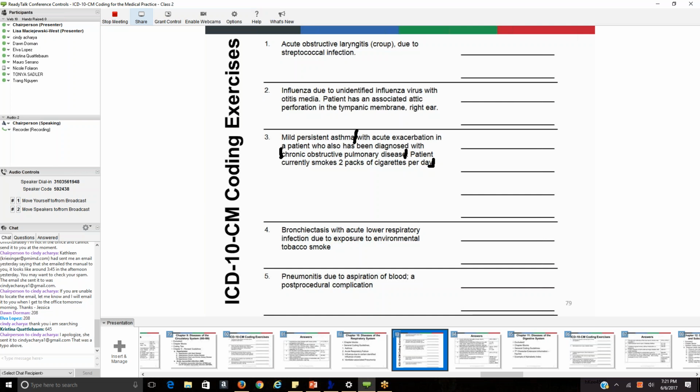Mild persistent, which is the J45.30. Okay, but we have with exacerbation in a patient who's also been diagnosed with COPD. So we have J45.31. Looks like that's going to be our first code.